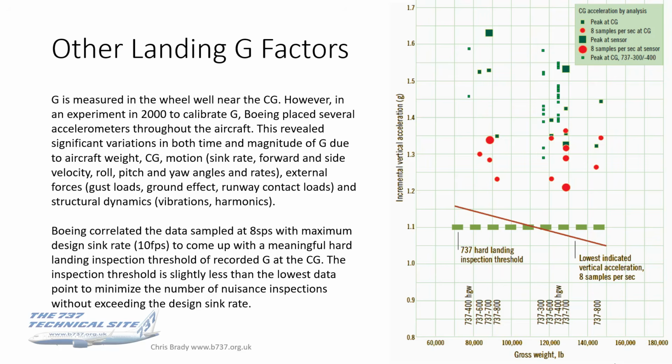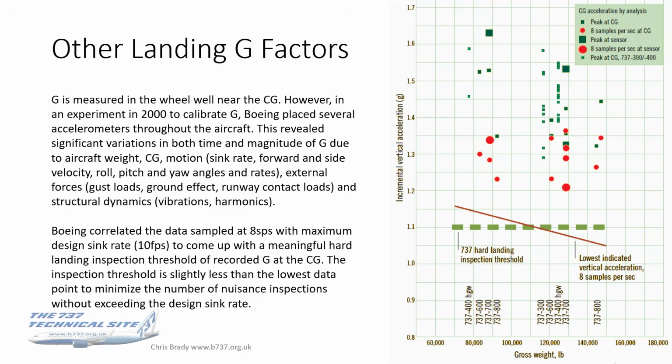All of those were affecting it. Furthermore, external forces such as gust loads, ground effect and runway contact loads, and structural dynamics, so vibrations and harmonics, were all feeding into the G picture.